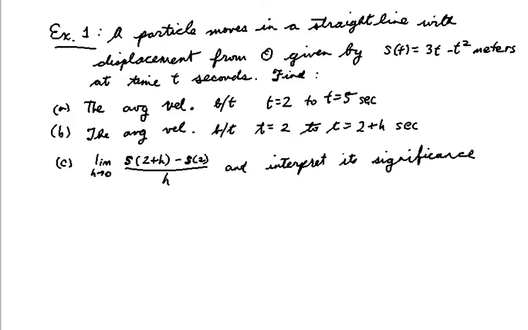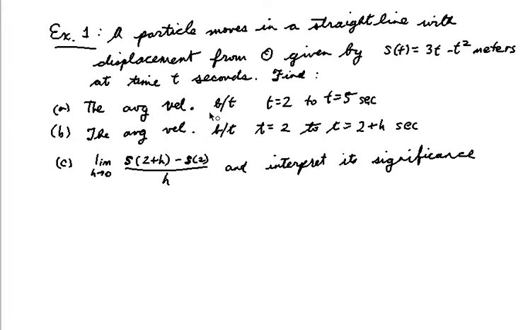A particle moves in a straight line with a displacement from O, or 0, given by this function. This is the displacement function. S of t is 3t minus t squared, given in meters at time t seconds. So my independent variable is t, or time, in seconds, and my dependent variable is displacement in meters.